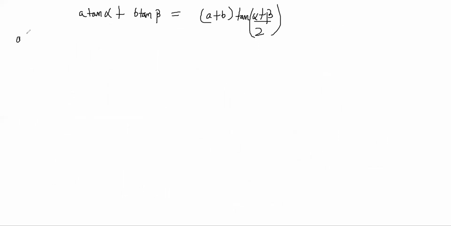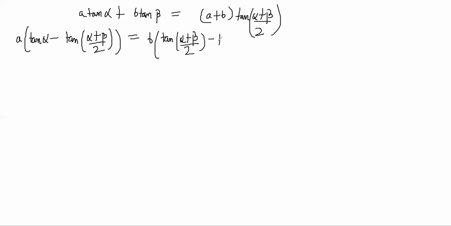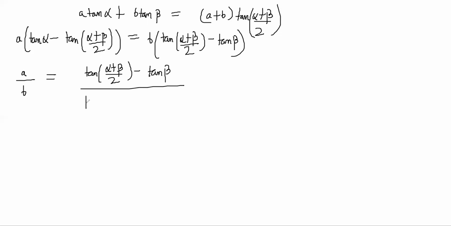Maybe we should just do a tan alpha minus tan alpha plus beta by 2 is equal to b tan alpha plus beta by 2 minus tan beta, right? Correct. So a by b is equal to tan alpha plus beta by 2 minus tan beta by tan alpha minus tan alpha plus beta by 2, right?